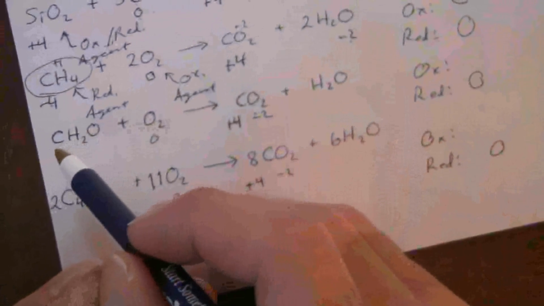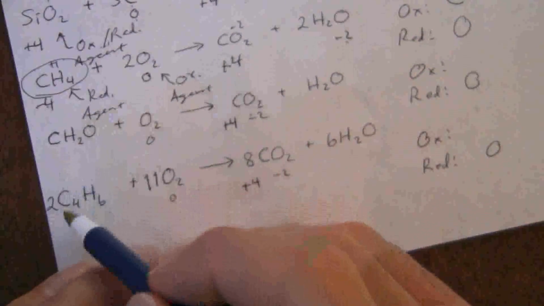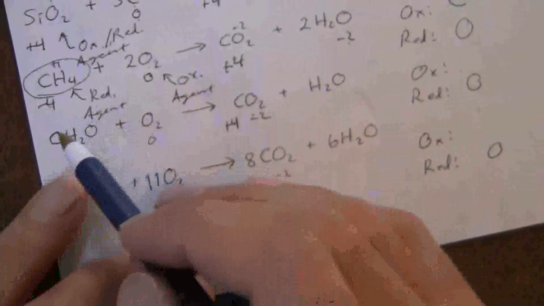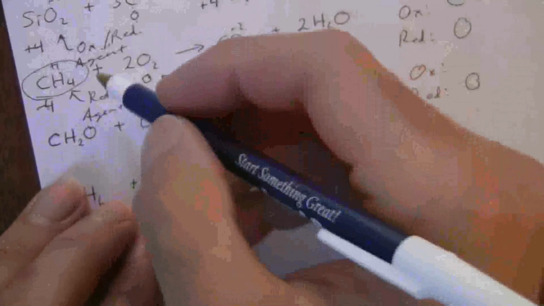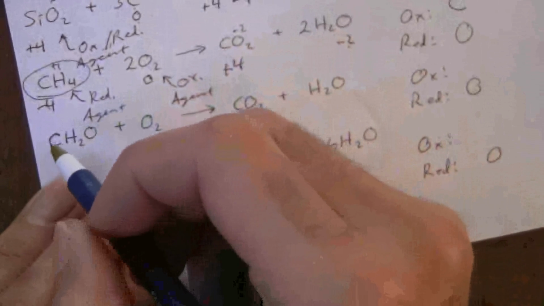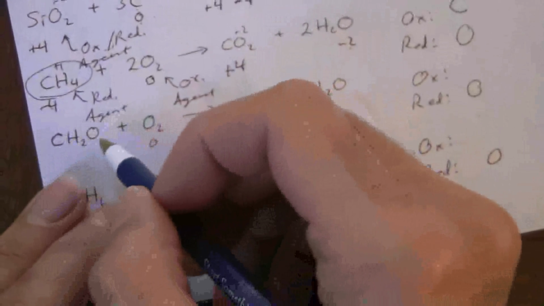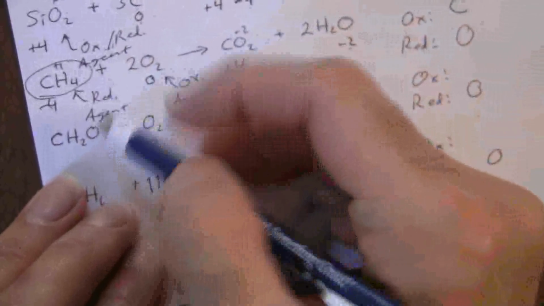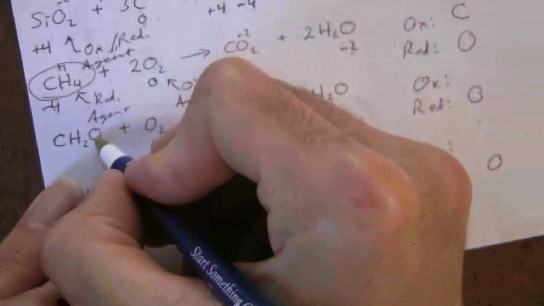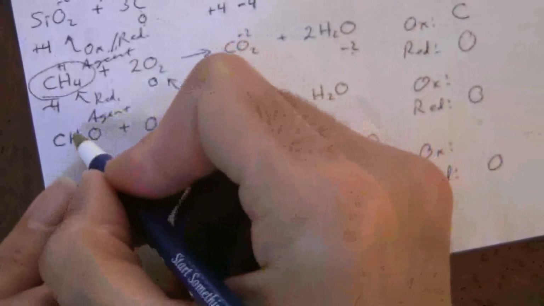Okay, so what is the carbon over here? Let's just look at this one first. Well, we know that altogether this has to add up to the charge, which is 0, because it's a neutral molecule. So my oxygen is -2, and I have two hydrogens, each one is a +1.